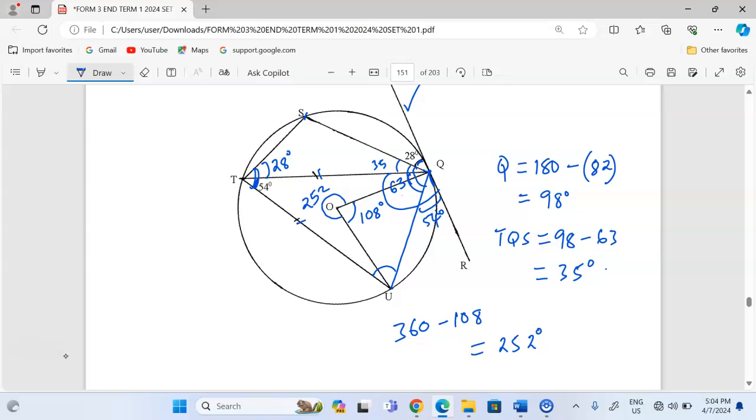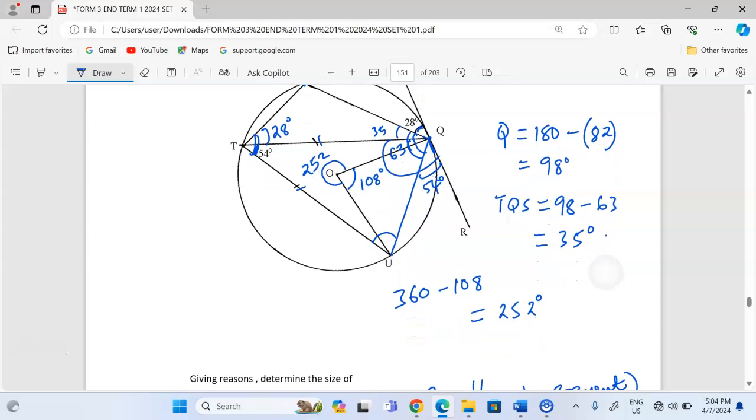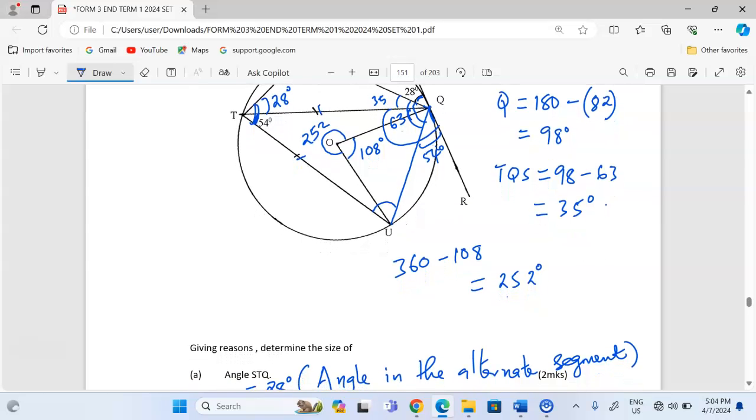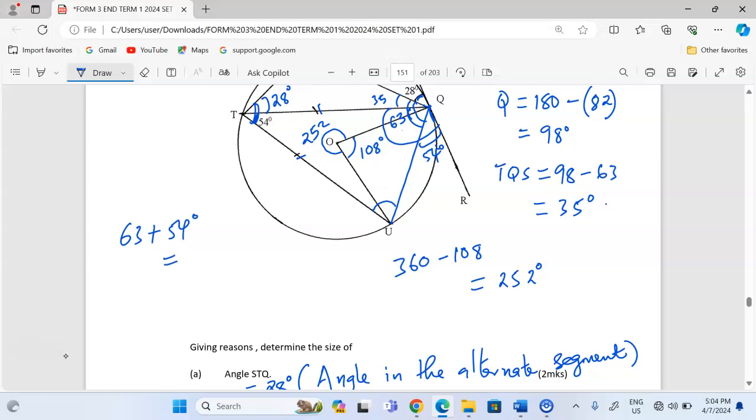With 63 at this point, it is easier to get: 63 plus 54 is 117 degrees.